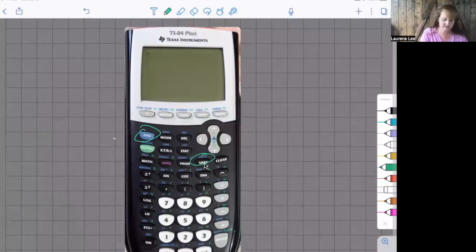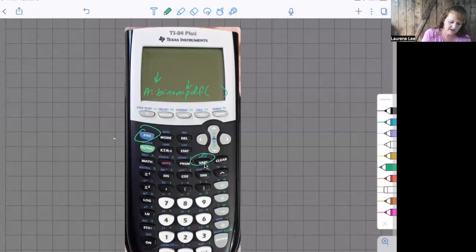For me, it's option capital A, way down under. Okay. And it's called Binom PDF. Now, I don't know what PDF stands for, but what I have in my brain is that P stands for point. So when I want exactly one bar or one number of successes, then that's what you do PDF for.